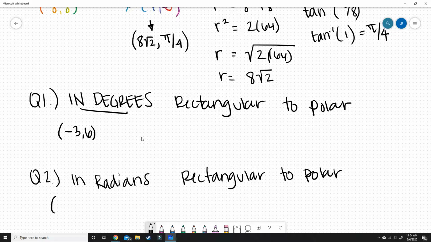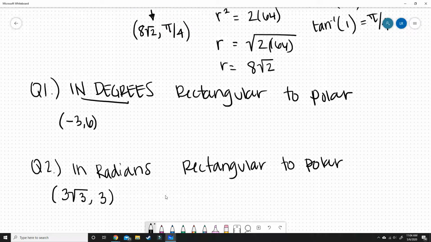And let's say you're going to have 3 root 3, 3. Let's say that's going to be your rectangular. So, yeah, go ahead and work those problems out.